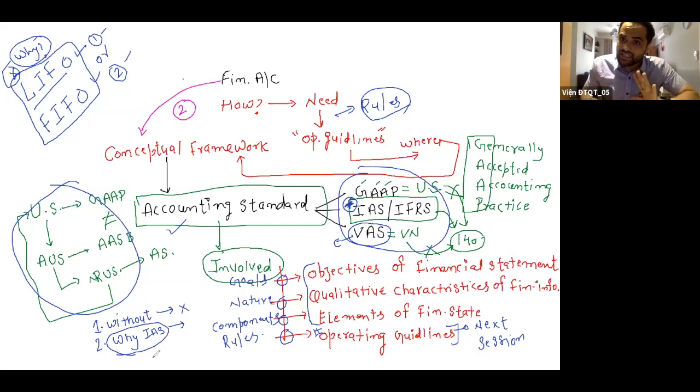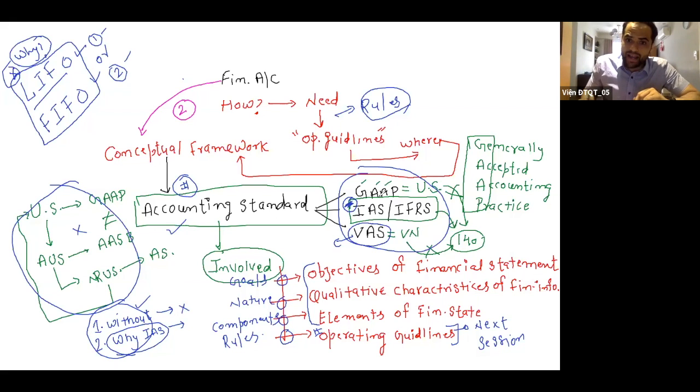All right, it's just an example to understand, but that's not the only reason. There are some other economic reasons behind it, but one of the very common reasons is this, right? You don't have to worry about this. It's just to understand another way why IAS is important. But you need to understand, without accounting standard, it's very hard to prepare financial statement, right?